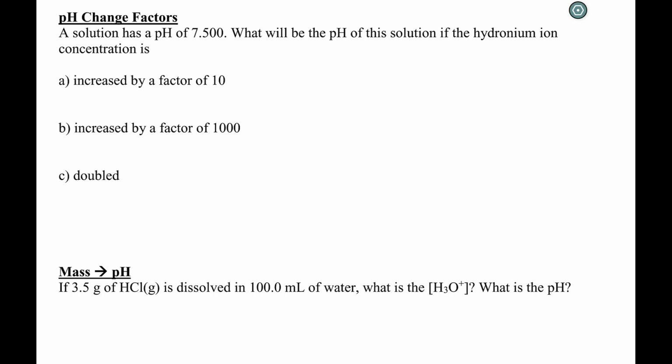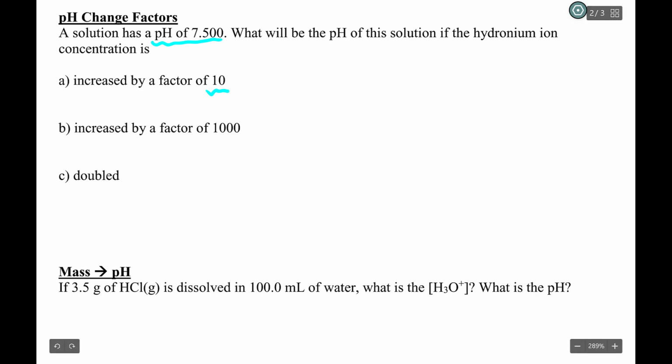So let's look at these 3 questions here. It talks about the pH change factors, and it starts by saying that a solution has a pH of 7.50. Then it asks, what will be the pH of this solution if the hydronium ion concentration is increased by a factor of 10? Again, a lot of students would think it would change the pH by a value of 10, but it actually just changes the pH by 1.